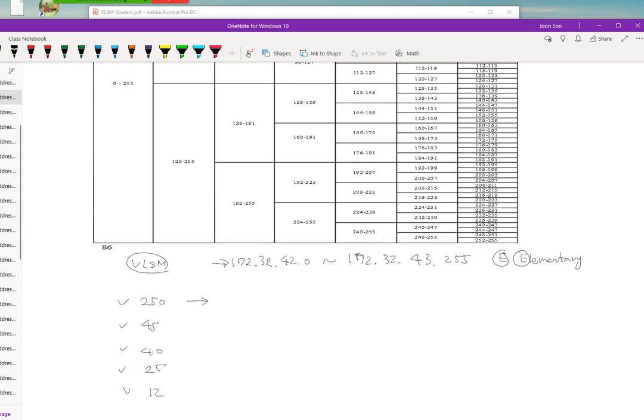Obviously 250 is less than 256, so therefore we can use /24. So the first one is 172.32.42.0, and we know that we have to use a /24. That's for sure.